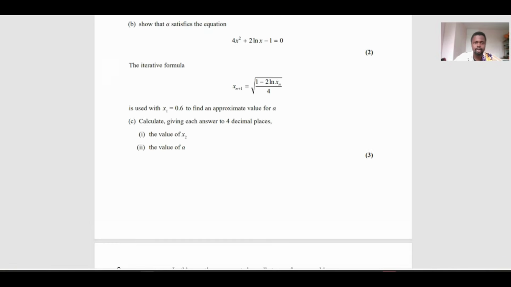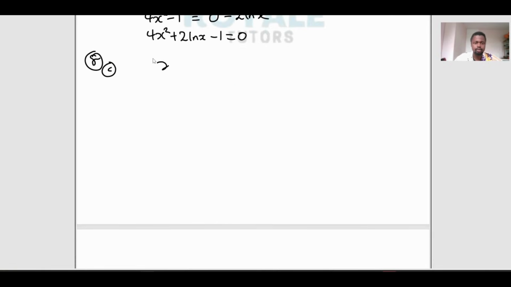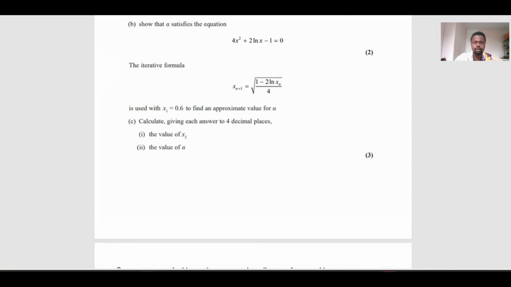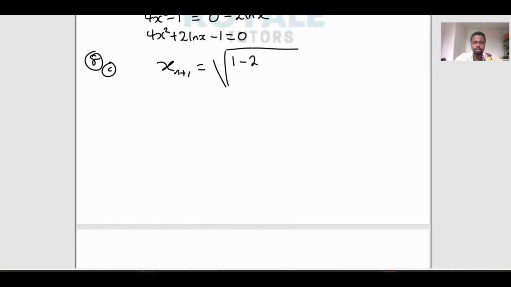So I will need to write out the iterative formula first. x n plus 1 equals square root of 1 minus 2 ln x n, all over 4.